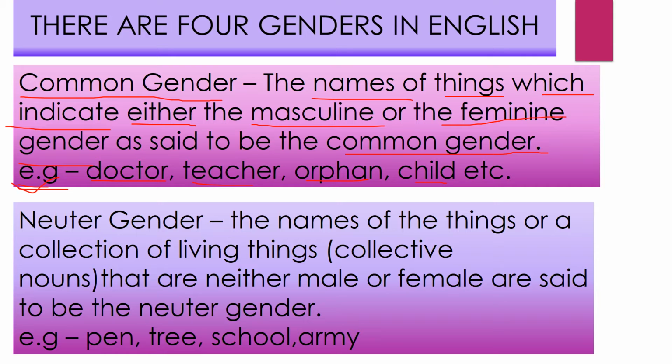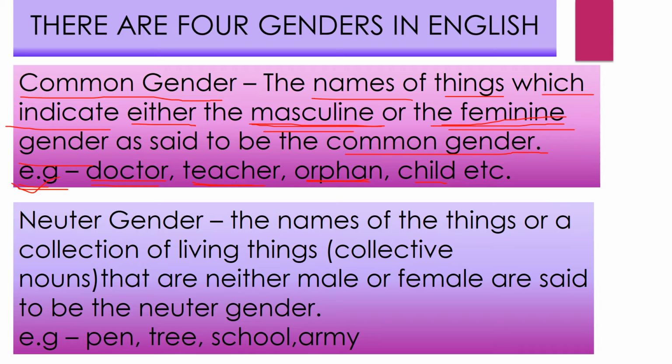Whenever I am talking about these examples, just as doctor can be both masculine as well as feminine gender. That is, it can be both male as well as female. For example, teacher also can be both masculine as well as feminine gender. That is, both male and female.